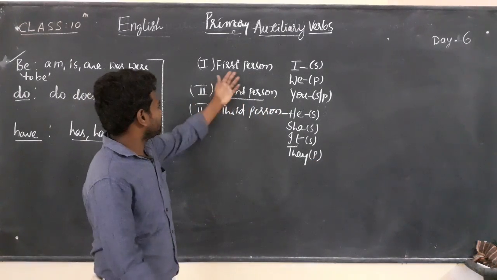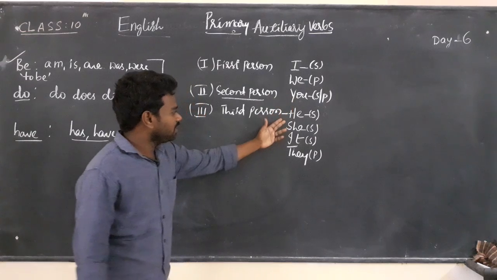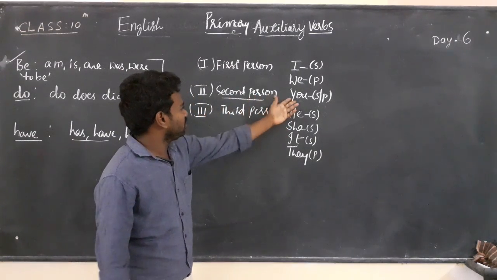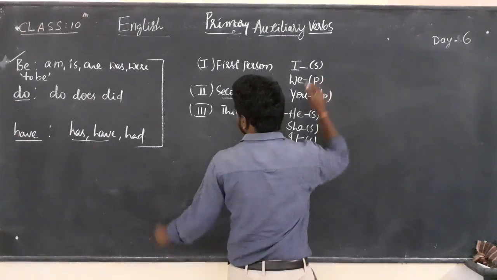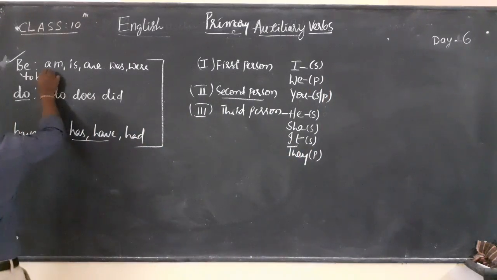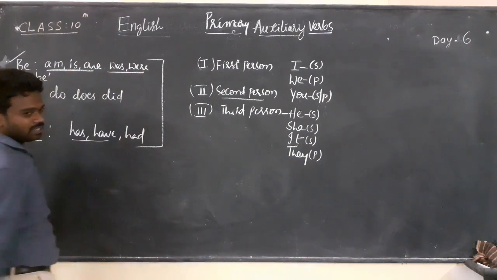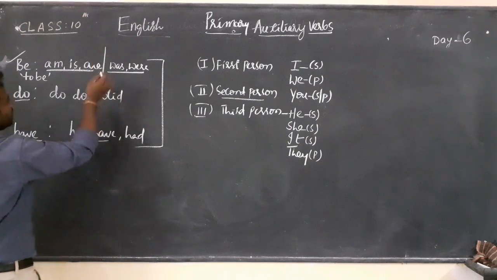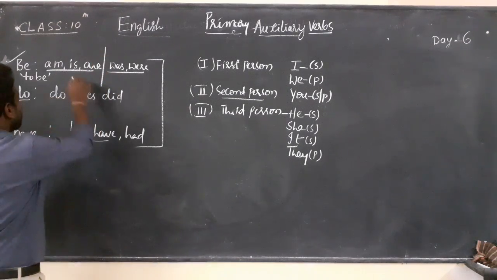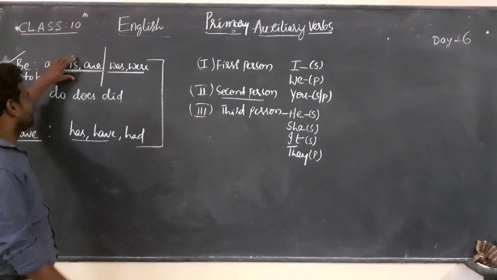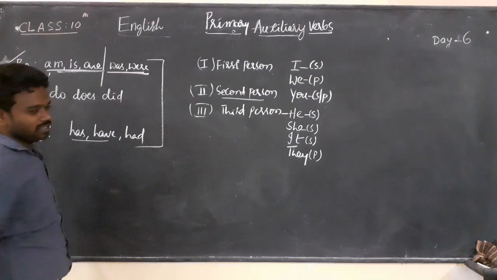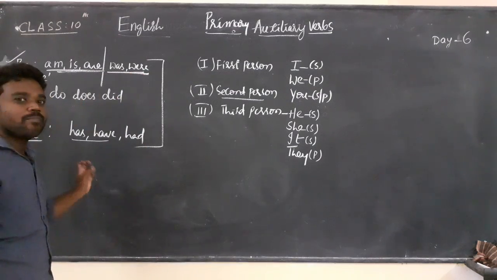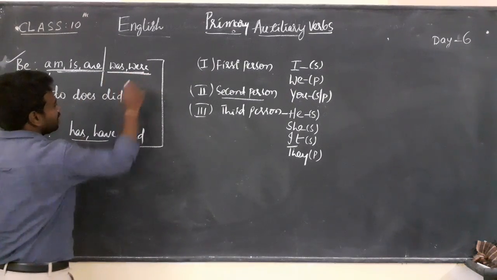So now, when do we use am, is, are, and when do we use was, were? Am, is, are are used to indicate present tense, whereas was, were we use to indicate past tense.